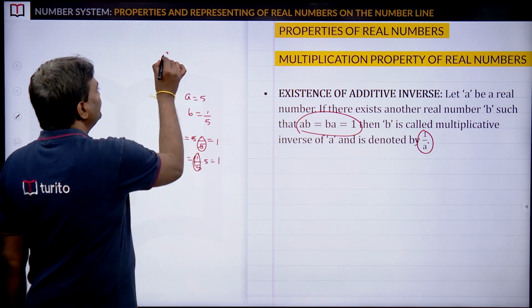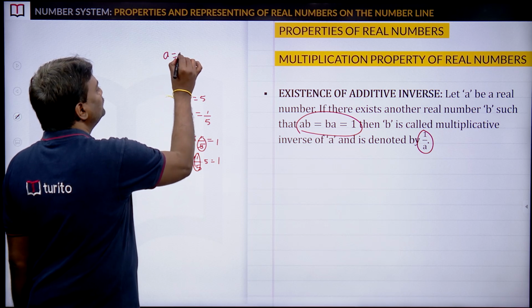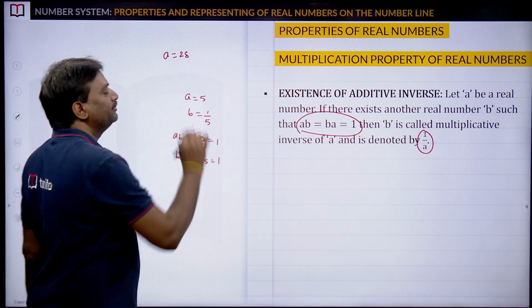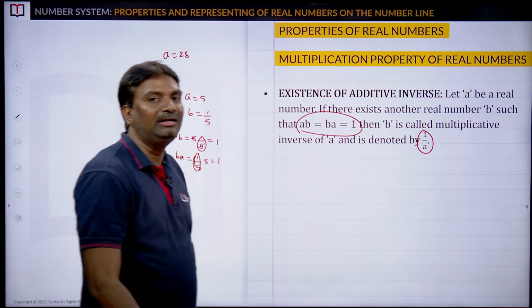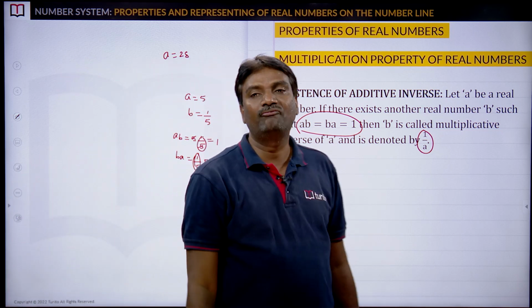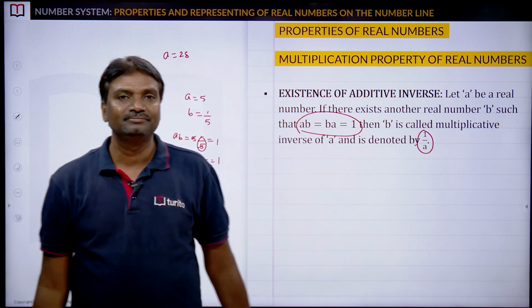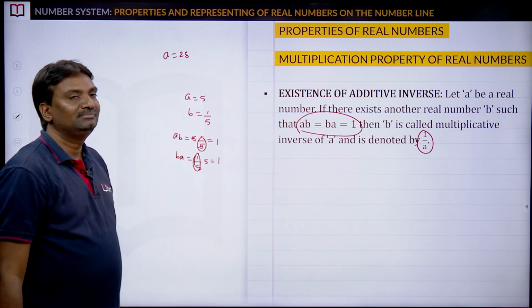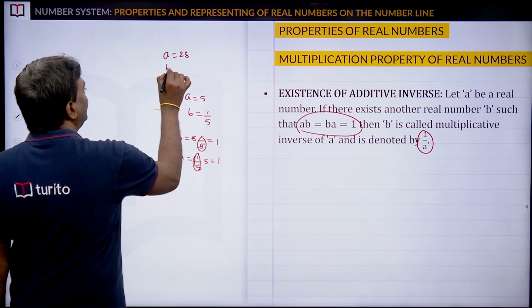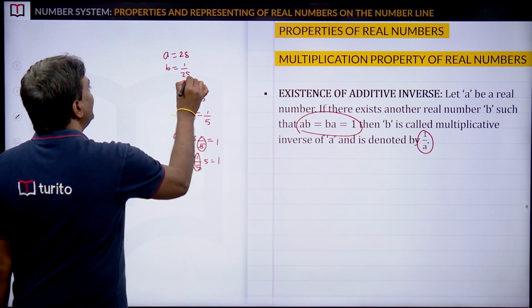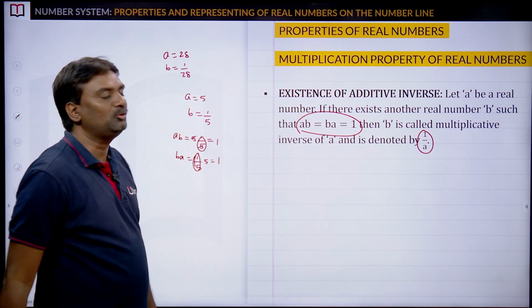So, if we take A equal to 28, can you say what is the multiplicative inverse of 28? What is your answer? Yes, very good, 1 by 28. Just take the reciprocal of 28, 1 by 28.